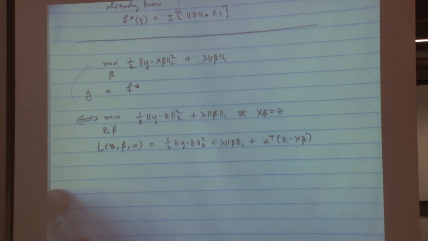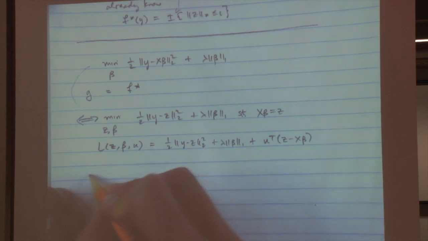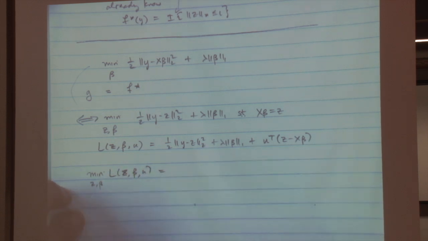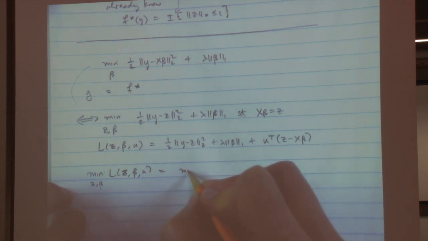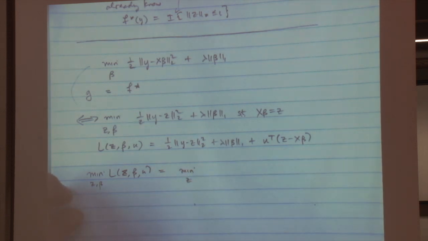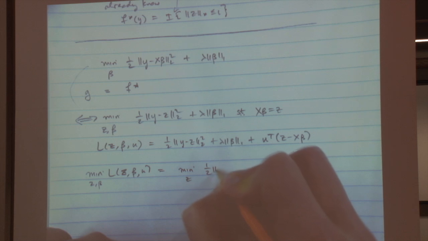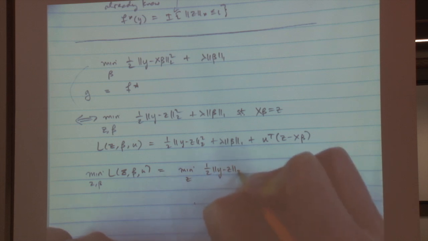So let's minimize that over all z and beta to get the dual function, which will be a function of u. So I want to minimize the Lagrangian over all z and beta. Let's break that up into a minimum over all z plus a minimum over all beta. We'll see we can actually do that. So what are all the terms involving z here? It's just this guy and this guy.